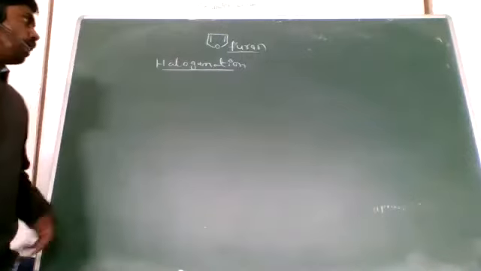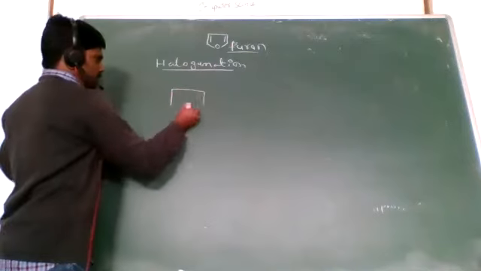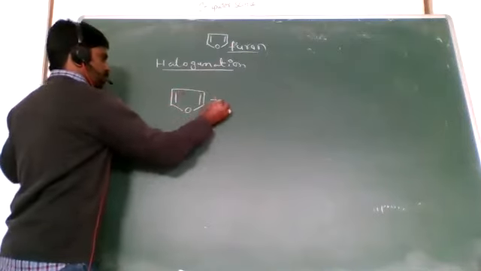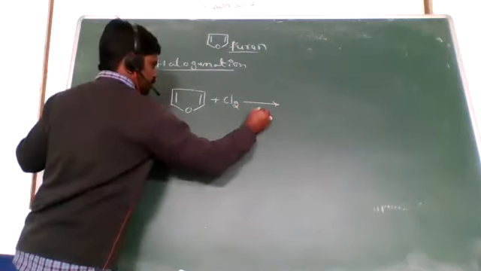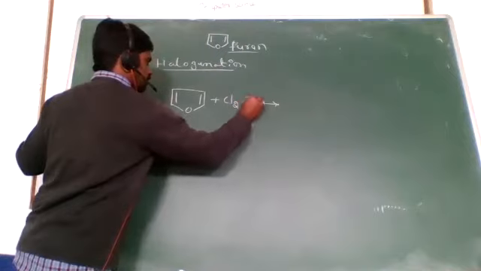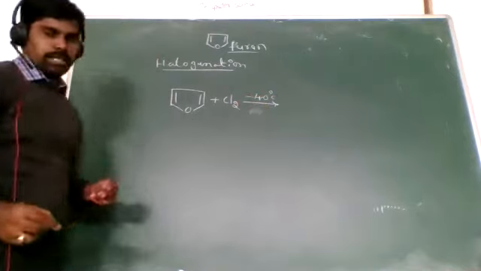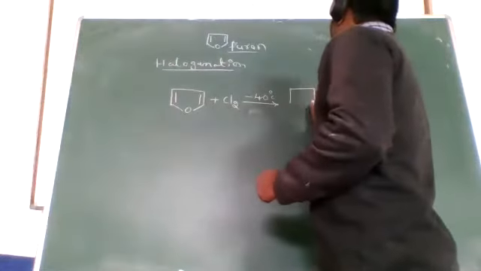Next one, halogenation. Halogenation means adding of halogens. When furan reacts with chlorine at minus 40 degrees Celsius, it forms two components.